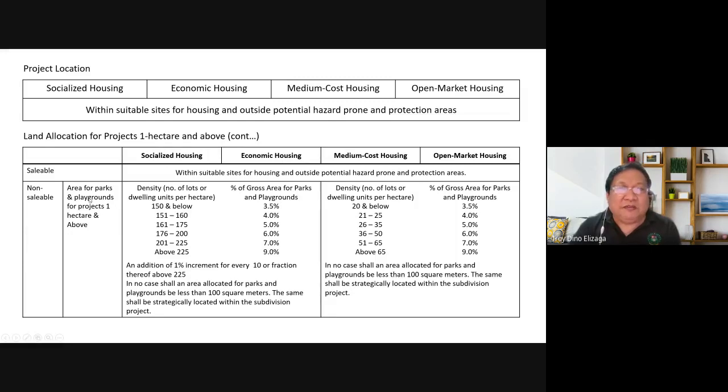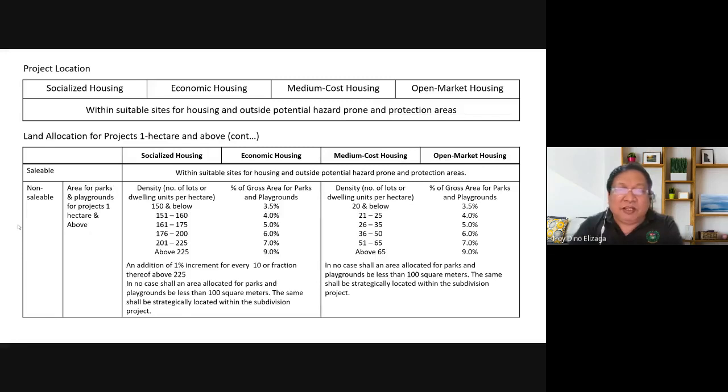I mentioned that for your plate, it should be 70% saleable and 30% non-saleable. For the non-saleable, one part of that will be devoted to parks and playgrounds. I think I mentioned that parks and playgrounds are really required. But how much of that should at least be devoted to parks and playgrounds?